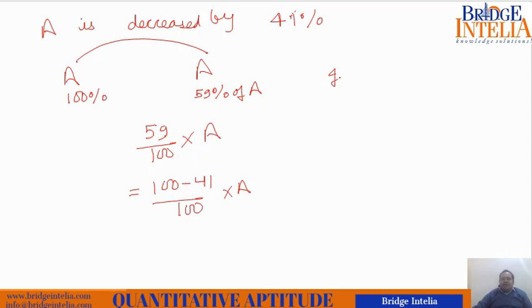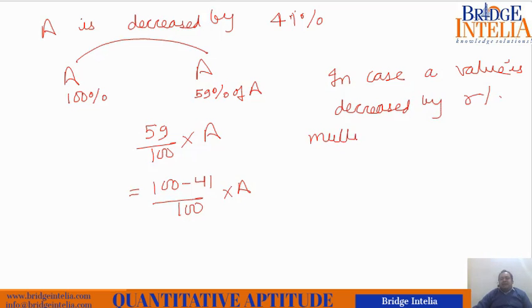So you can say in case a value is decreased by R percent, then multiply it with 100 minus R. You can see 100 minus 41.